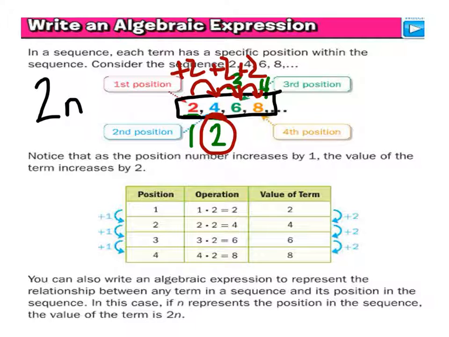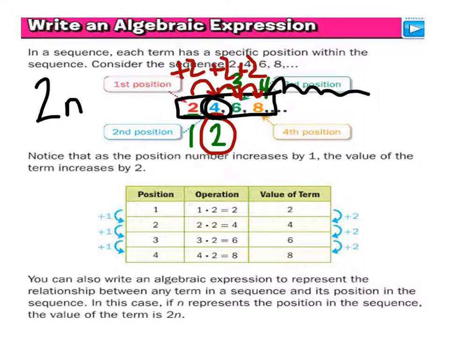So if I wanted the 20th position, what would I do? Well, you could keep adding and adding forever, and then get the 20th position. But if we use this expression here, we can find it much faster. So what is the value of the 20th position? Caden? Like 4 would be the value of the second position, right?